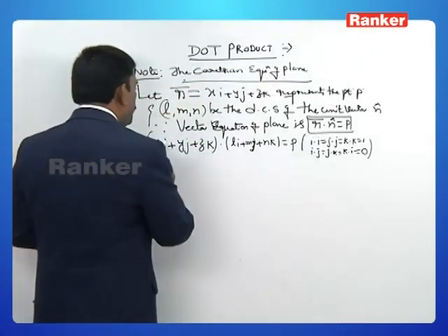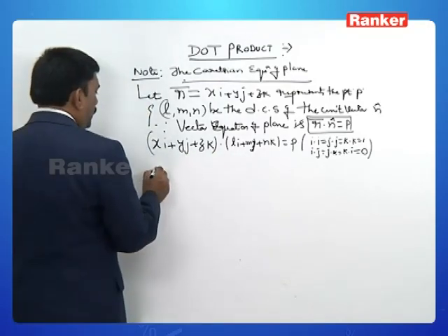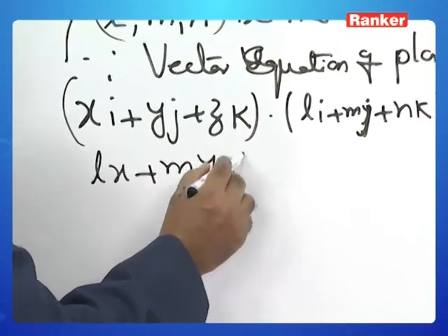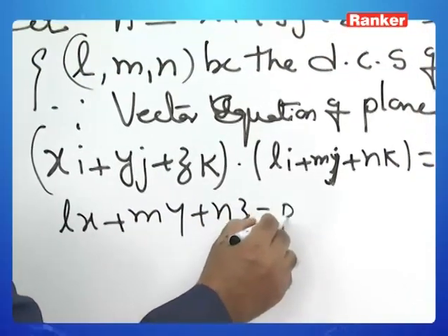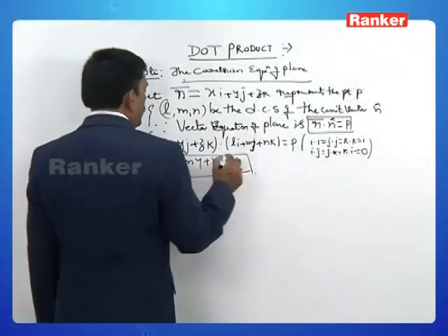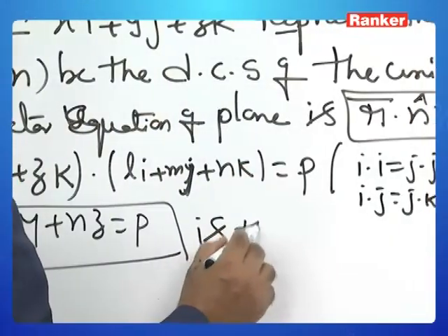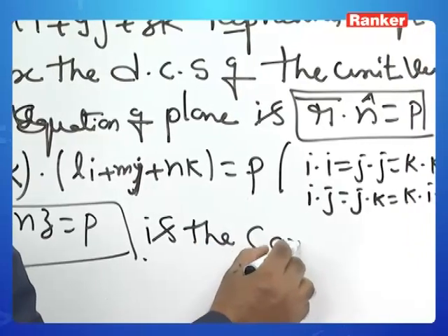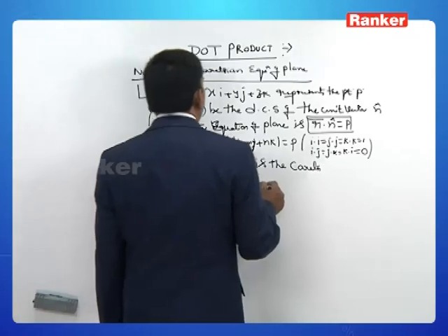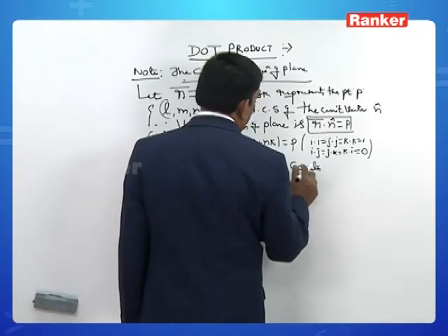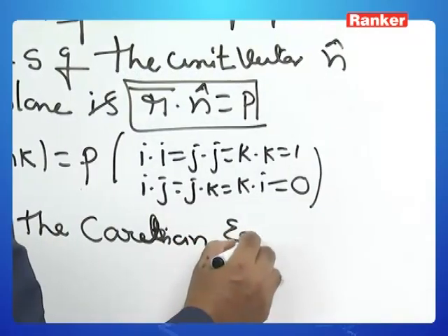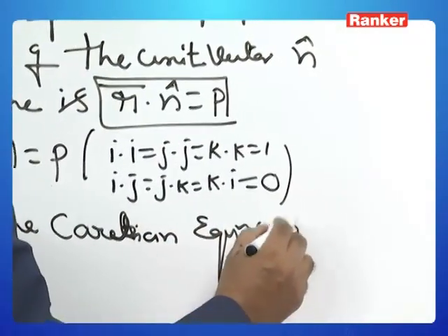So therefore, you take the dot product. Yes, lx plus my plus nz is equal to p. Now this is the Cartesian equation of a plane.